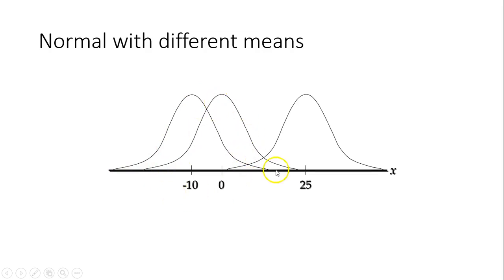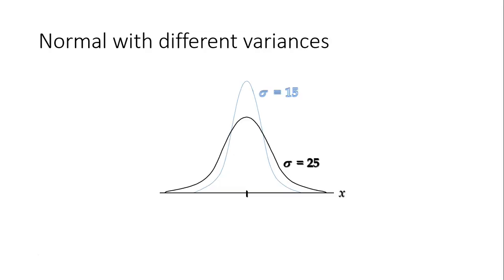The second one has a mean of 0, and the third one has a mean of 25, like this. So again, same spread but different means in this case. Now this one has the same mean, maybe 0.